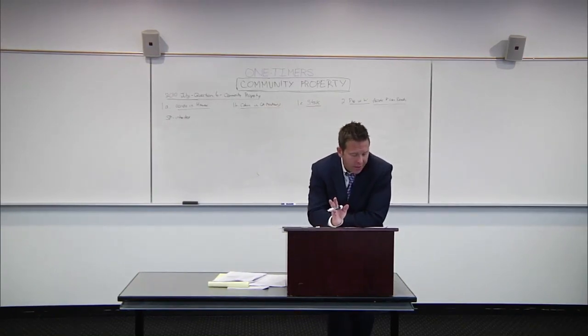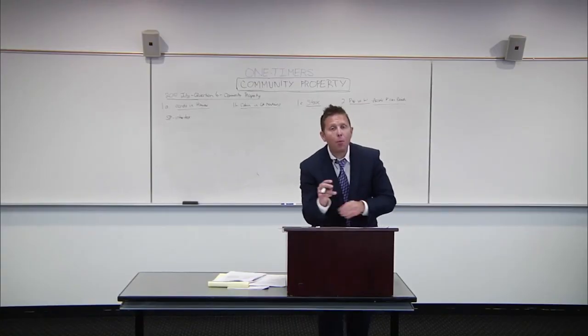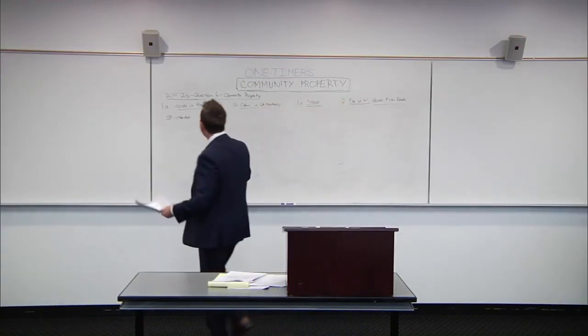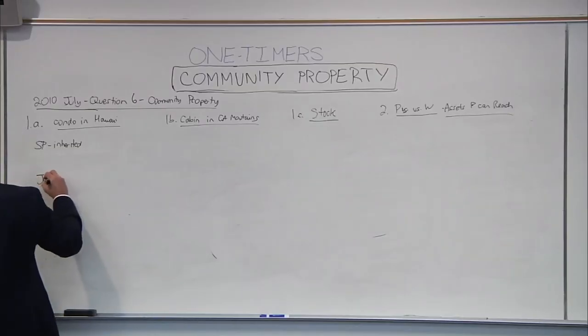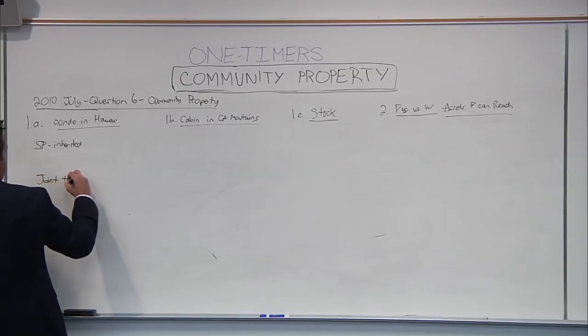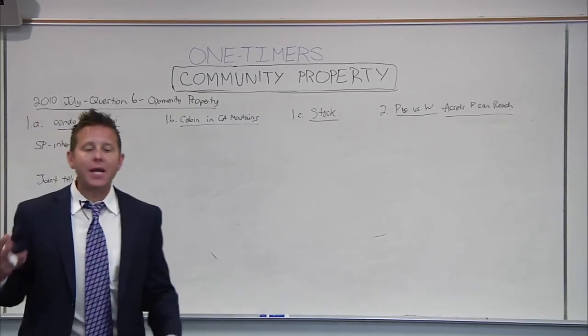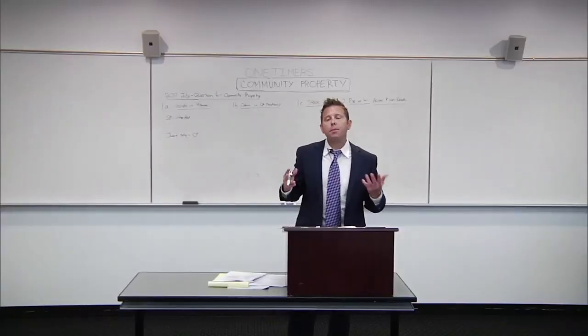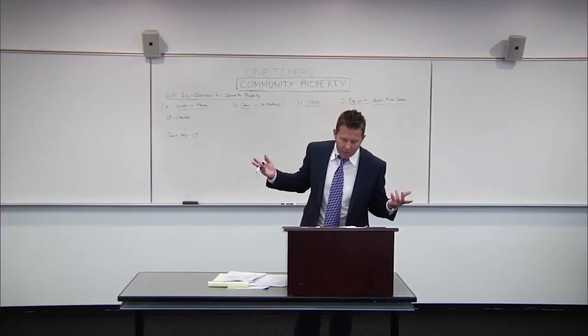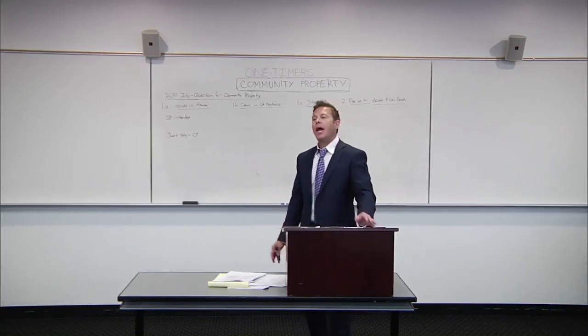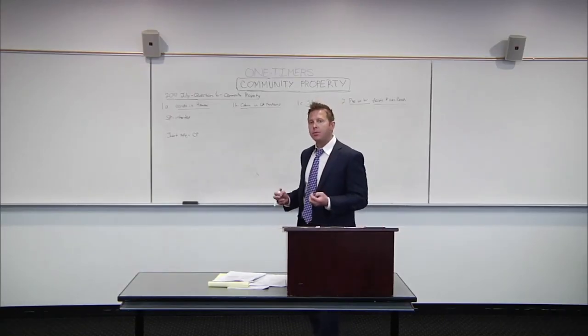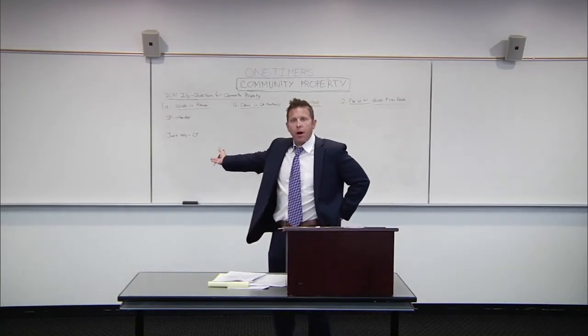In 2003, Harry and Wanda purchased a vacation condo in Hawaii. They took title in both their names, so we have a joint title presumption. And that means when a couple takes property in a joint form, which here we have joint tenants with right of survivorship, California infers an intent to change the property to community property.